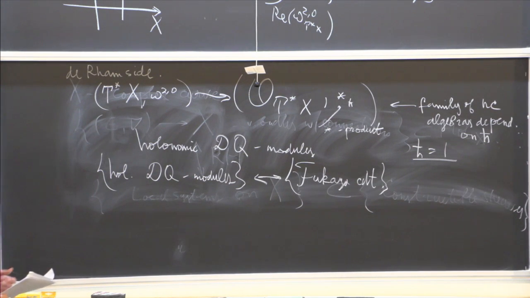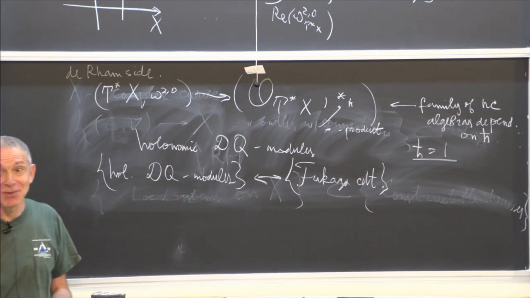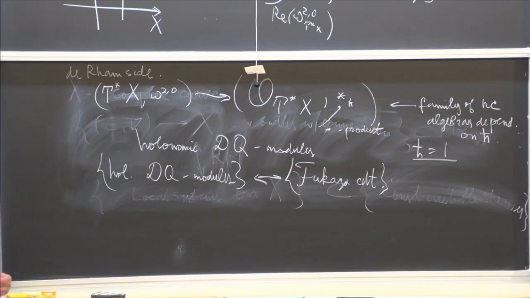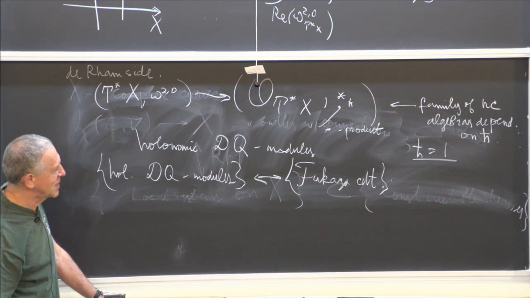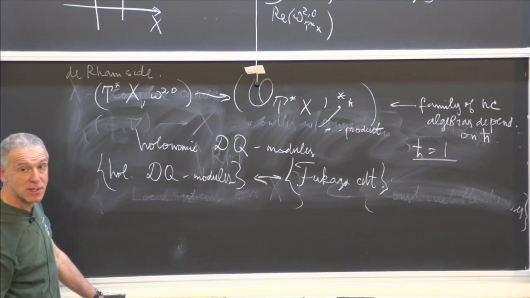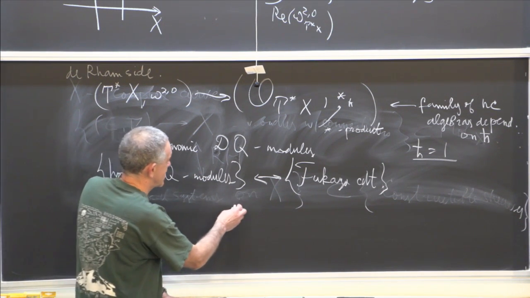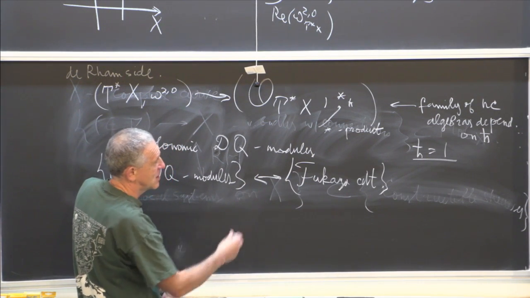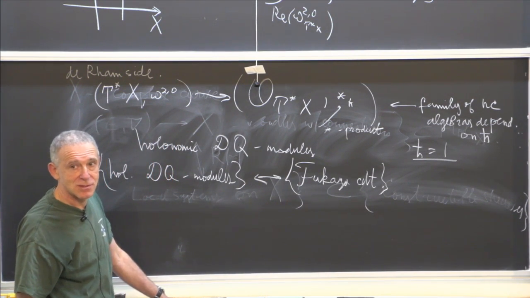So this is a guiding line. Where is the parameter h bar on the right-hand side? So you're asking a very good question. Thank you. I mean, that's the second time, so you should obtain a special prize for that. If you would like to consider everything in families, then the de Rham side does depend on the Planck constant in general.